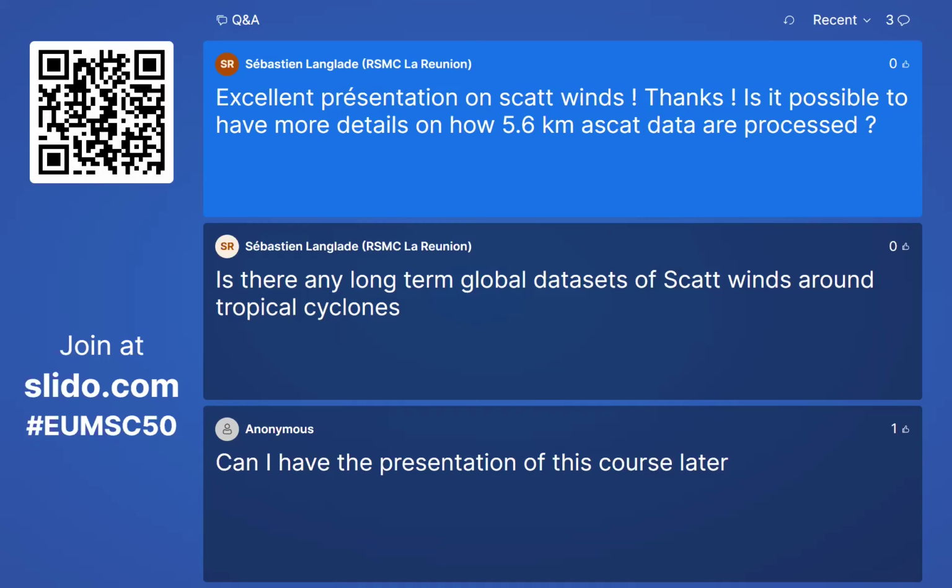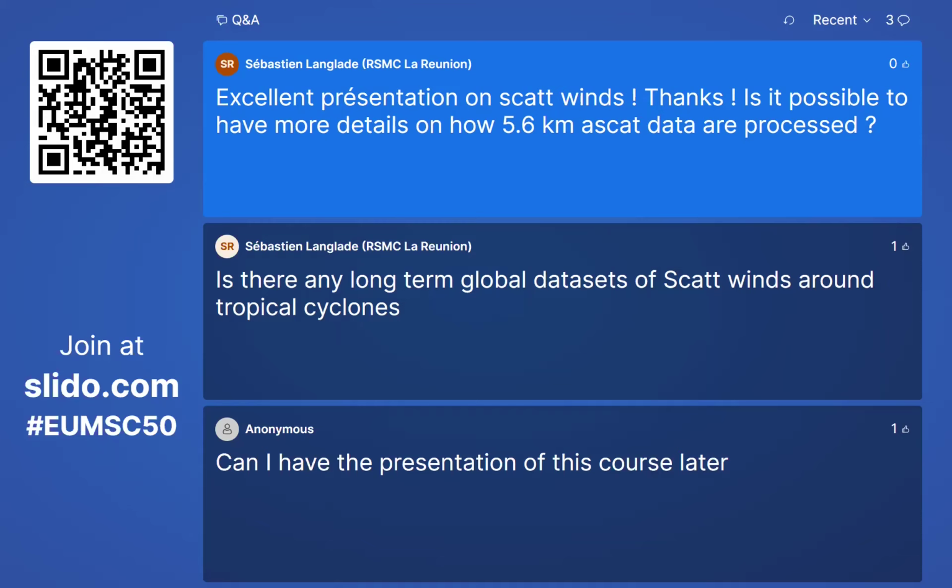With this 5.6 kilometer product, we use the resolution of the instrument itself. So the wind vector cell positions are exactly matched to what the satellite observes, which reduces the interpolation errors. And so it fits to the natural resolution of the ASCAT instrument.